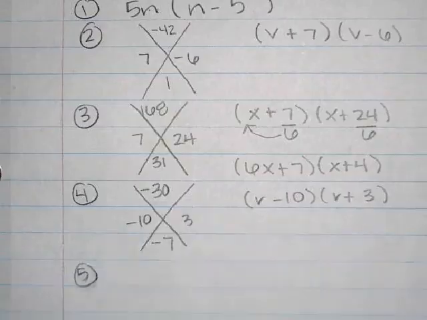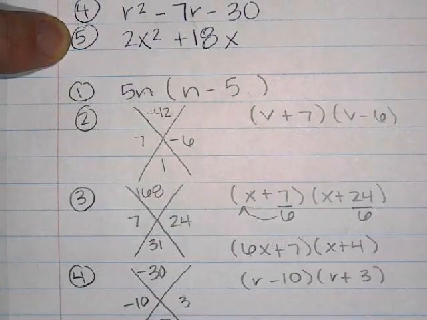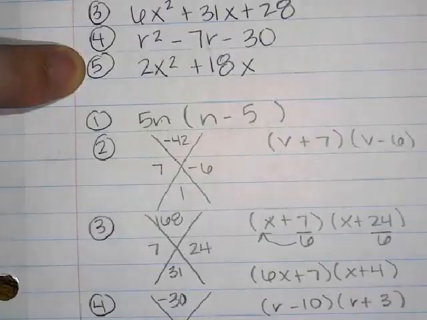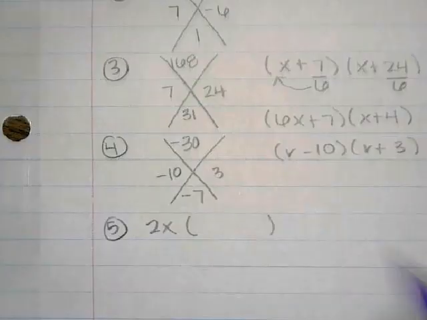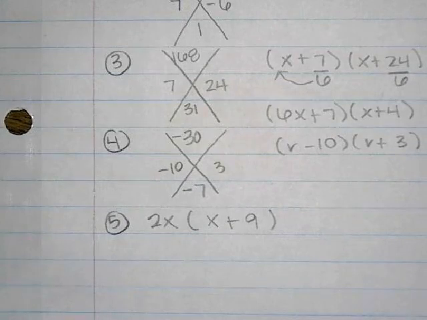And then last, 2x squared plus 18x. Take out a 2x. Okay, and then what was the leftovers? X plus 9.